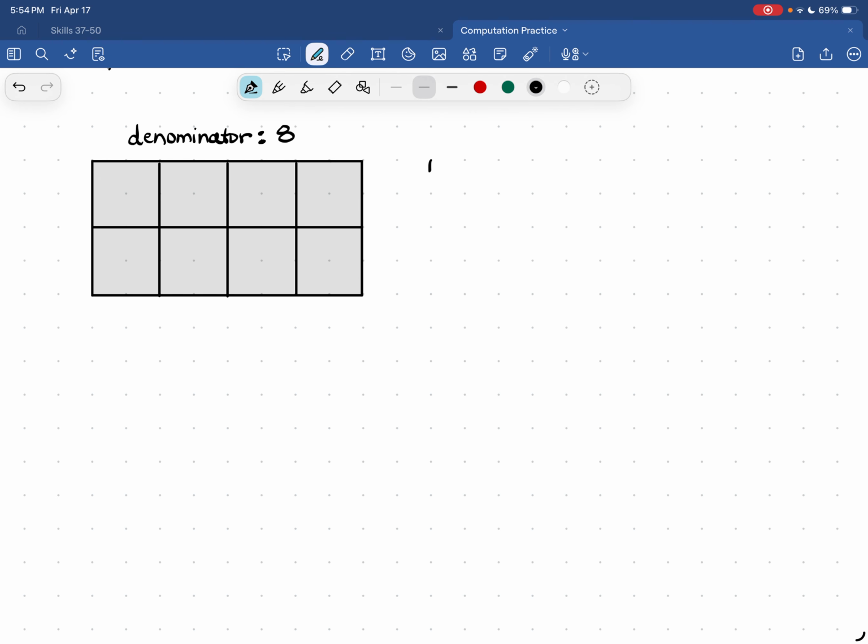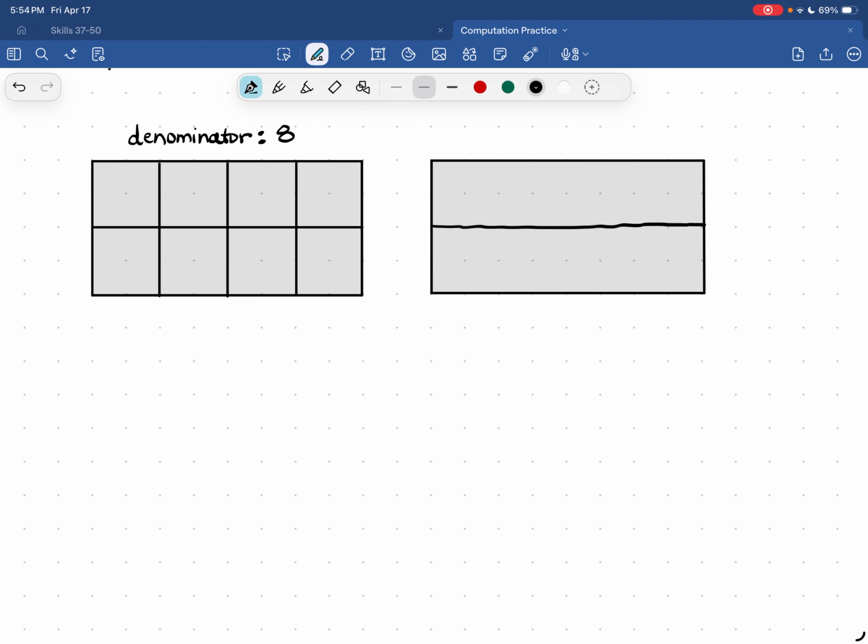And then right beside that one, let's draw another rectangle the same size. You can always pause the video. So the whole unit is the same size. But in this rectangle, I only want you to draw this line.